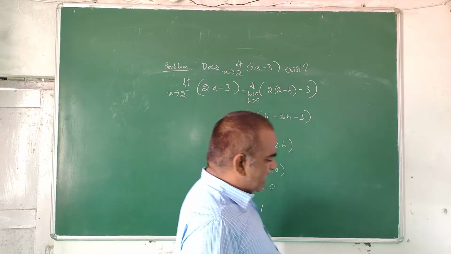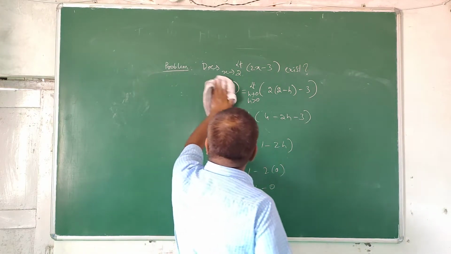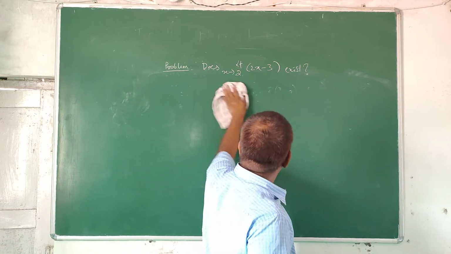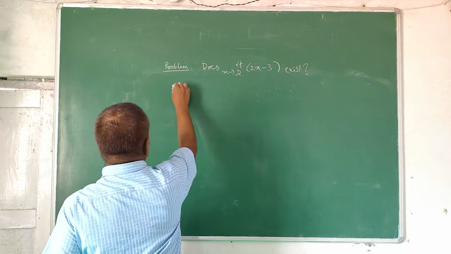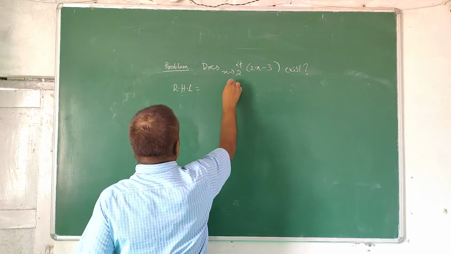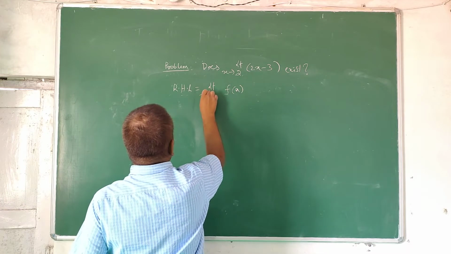Now let us see RHL. f of x, limit x tends to 2 plus.